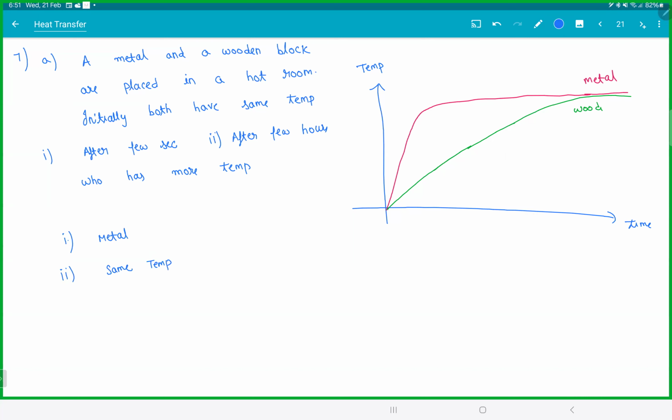You'll keep absorbing, eventually reach the temperature of the room. So initially metal absorbs fast and becomes constant, because K is more. But eventually, temperature of metal becomes equal to temperature of wood, becomes equal to temperature of room.